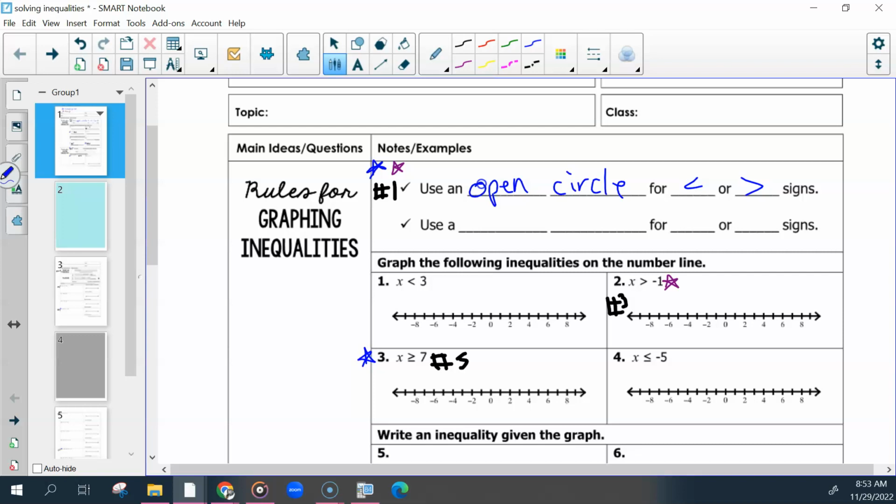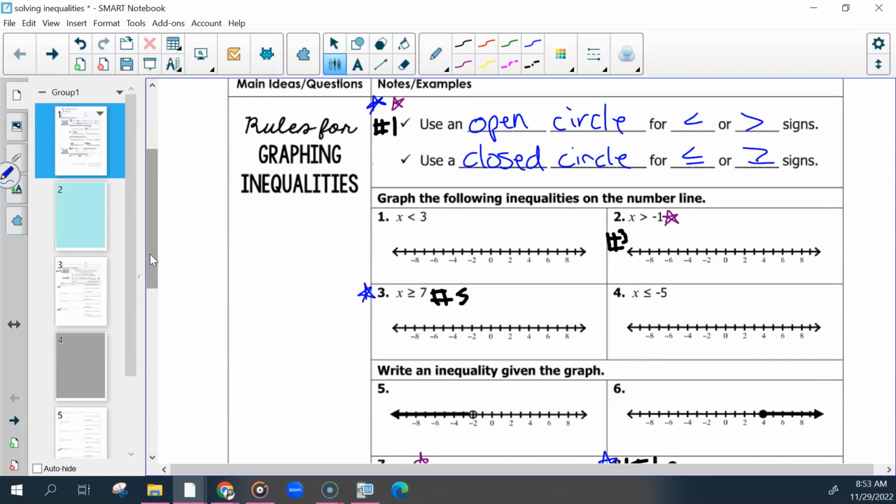And then use a closed circle for less than or equal to or greater than or equal to signs. So if we were to get this answer, x is less than 3, we have to know which one to use and then also graph it. So this would be an open circle because it doesn't have the line, and it goes at 3 to the left.